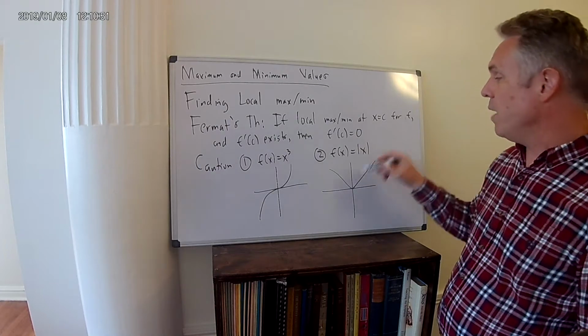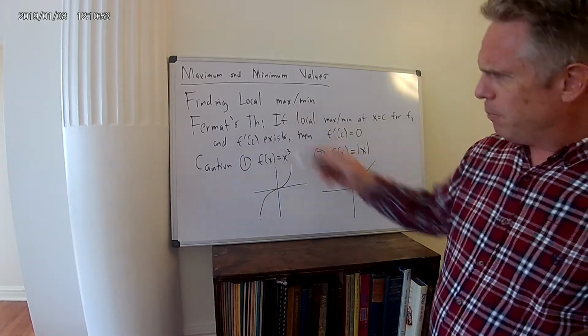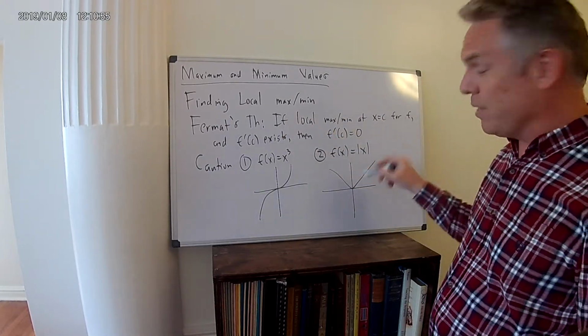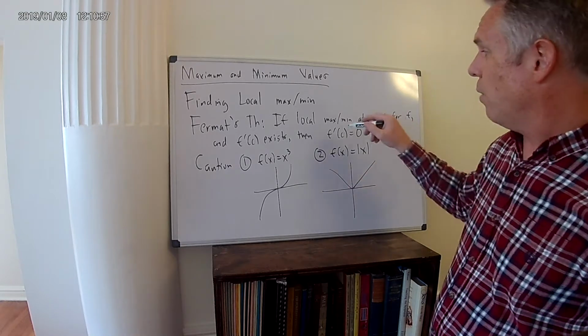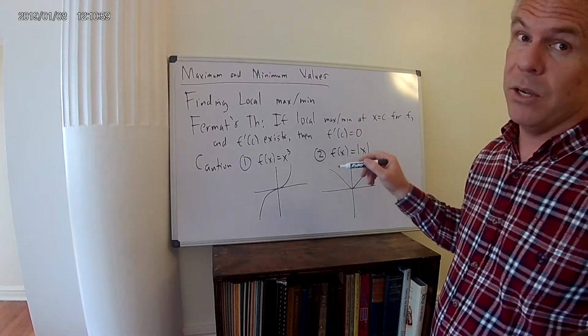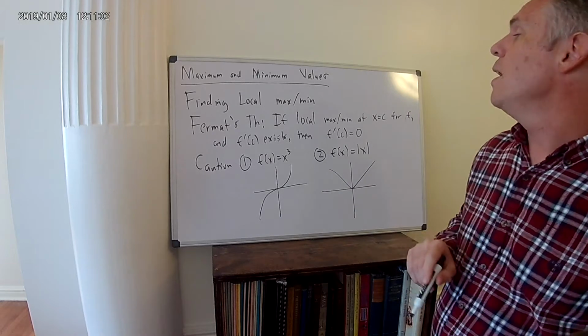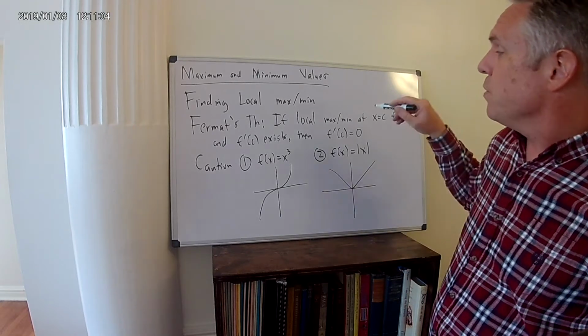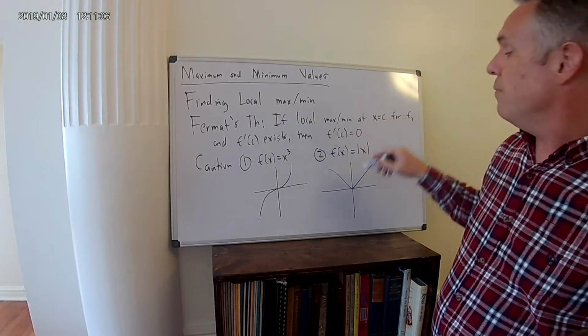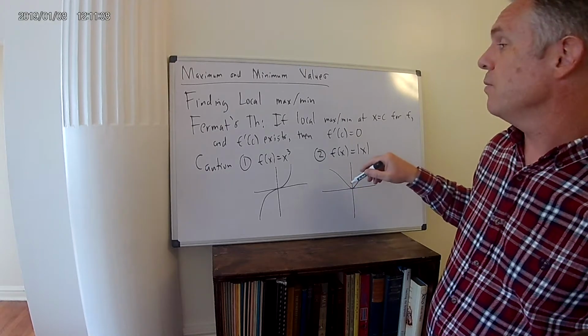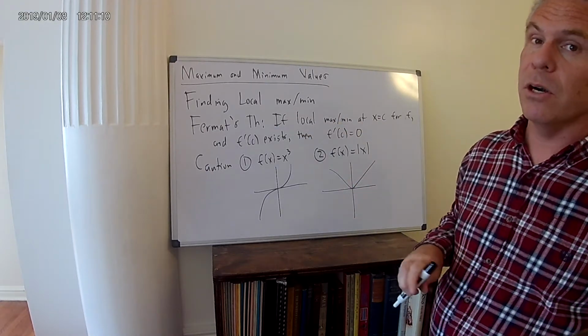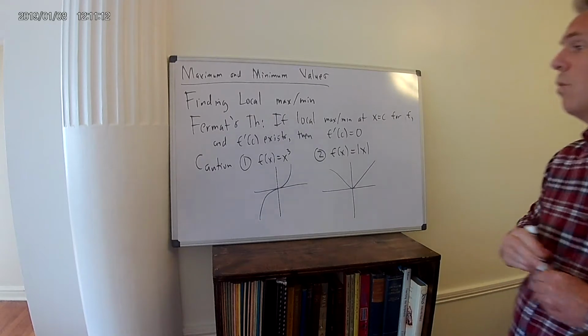So although we have a global minimum here, f prime of 0 does not exist for this function. So therefore f prime of 0 does not equal 0. Just because you have a local maximum or minimum doesn't necessarily mean the derivative is 0 if the derivative doesn't exist. So the derivative has to exist at your local maximum or minimum. So, two words of caution.